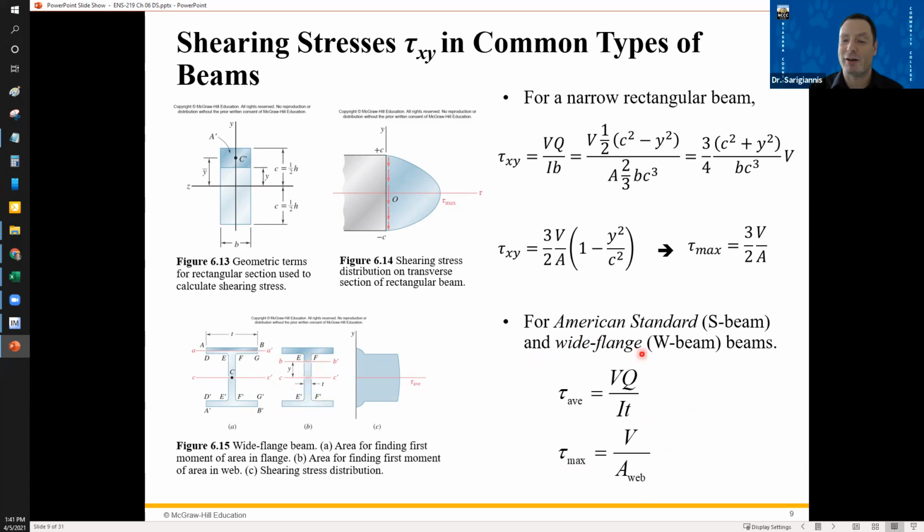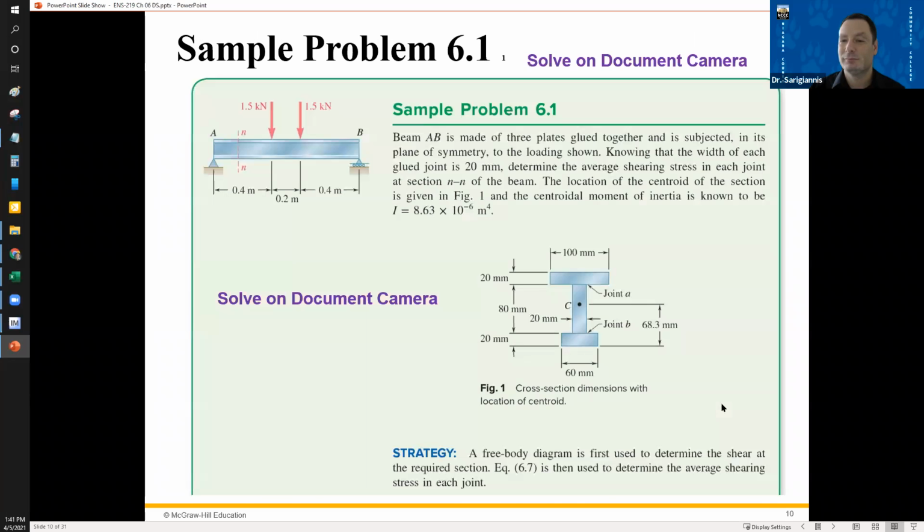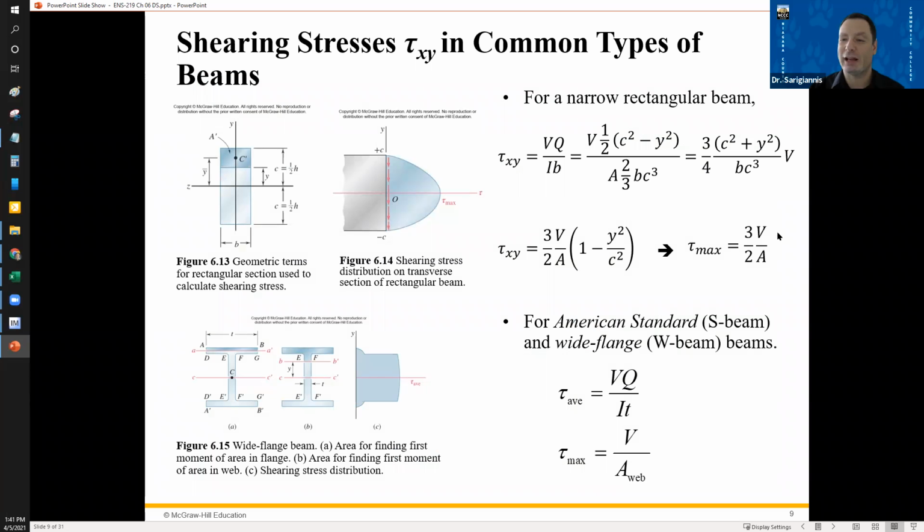And they give you the generic formulas for them. The average shear stress is VQ over It. The maximum shear stress is V over the area of just the web.